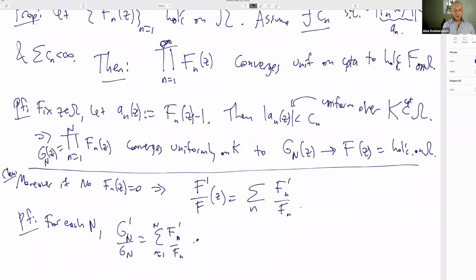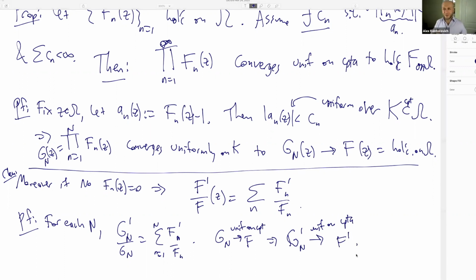Remember, if you had a family of functions converging to a holomorphic function uniformly on compacta, so Gn converges uniformly on compacta to f, this implies G prime n also converges uniformly on compacta to f prime.